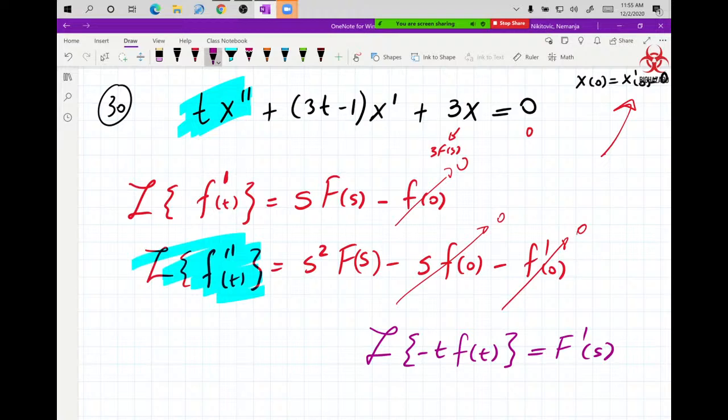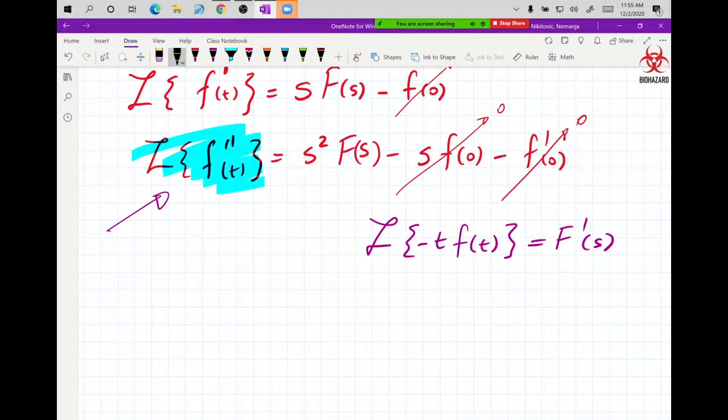So t times x double prime up there has to be negative the derivative with respect to s of s squared F of s, and then the rest of the terms are 0, so we don't have to worry about those.